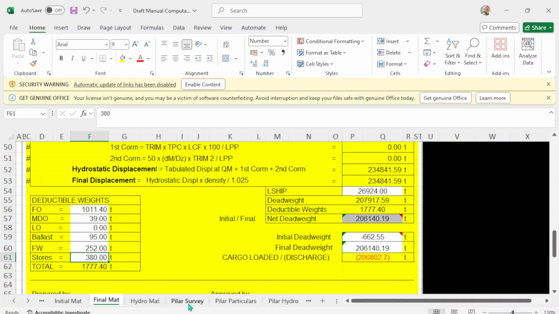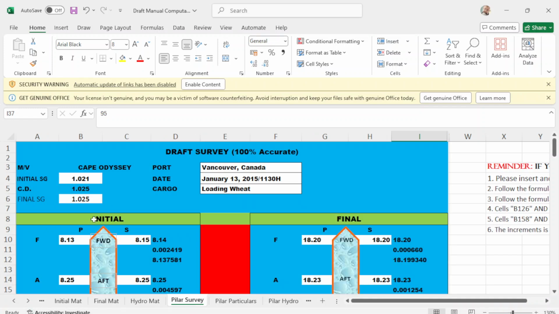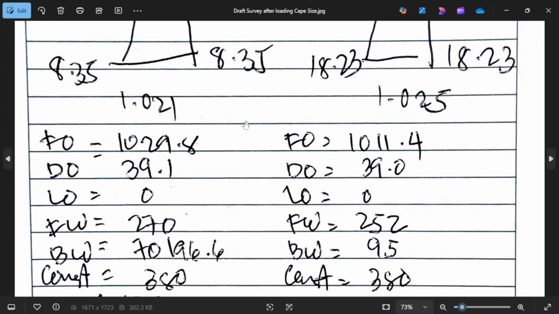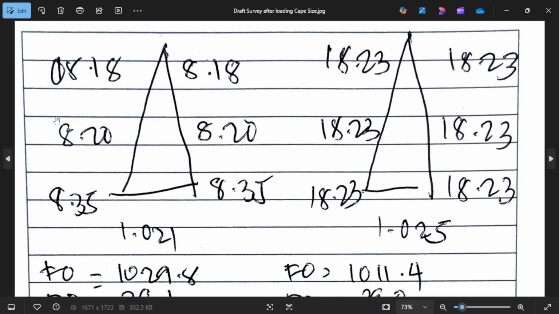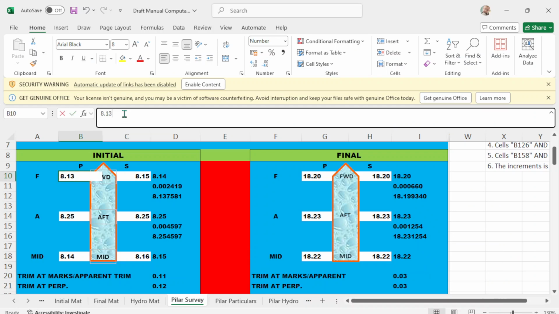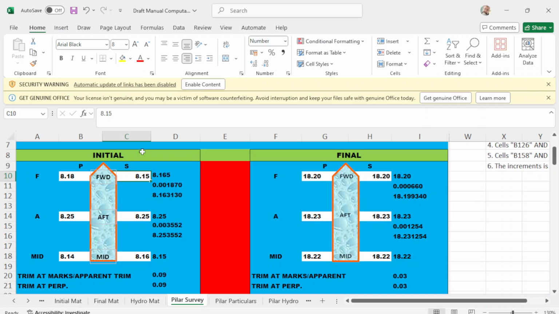We go to the pillar survey. Same. Initial density is 1.021. Final density is 1.025. Then we will input now the forward and aft. Okay. So in initial, put forward is 8.18. Put here 8.18. And here 8.18.